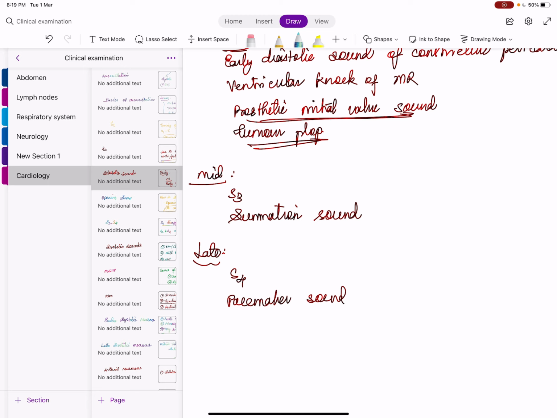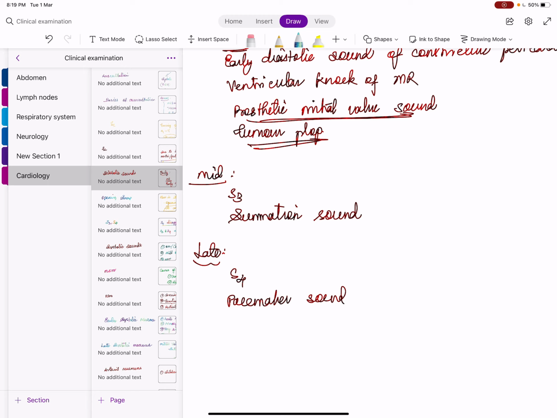If the split is wide during both inspiration and expiration, it is called wide split. Normally in inspiration only we will be able to hear better, but if in expiration also you are able to hear it, it is wide split. But the difference will be there: in inspiration it will be even wider.